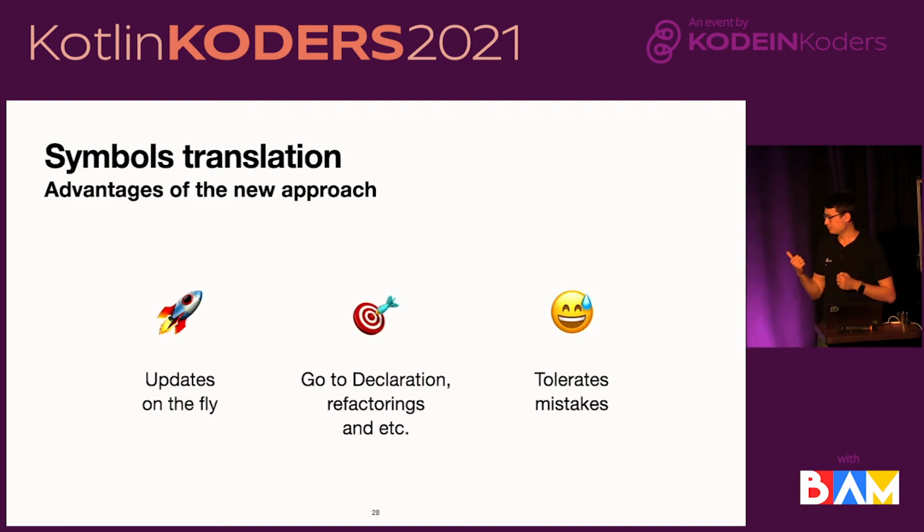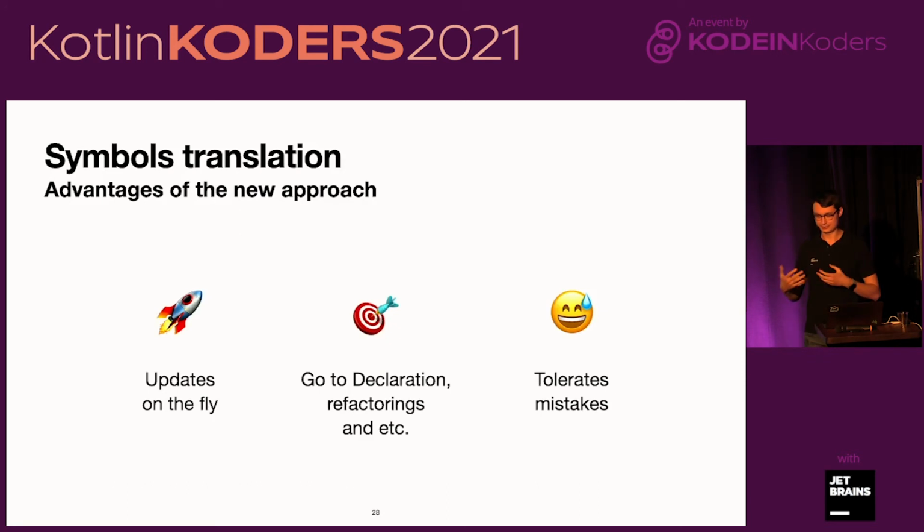But with this approach, the Kotlin compiler works in another mode, so it recovers after syntax mistakes and continues parsing whatever it can parse and provides the symbols it can. And that's very cool, so you could fix your mistakes a little bit later.